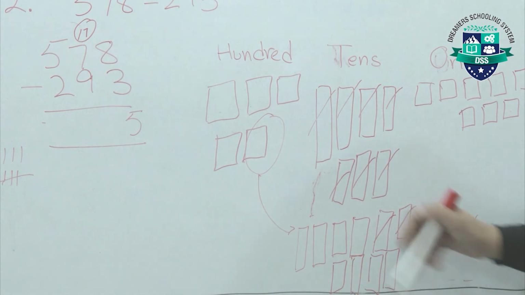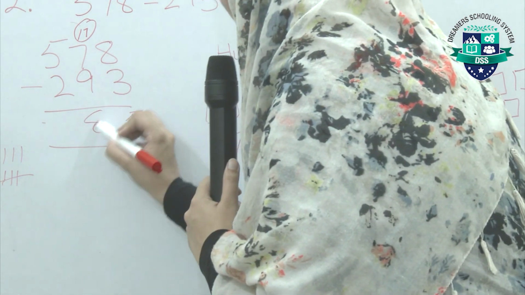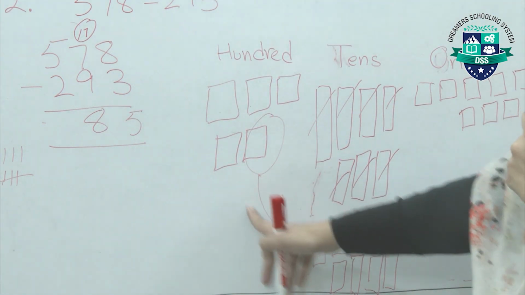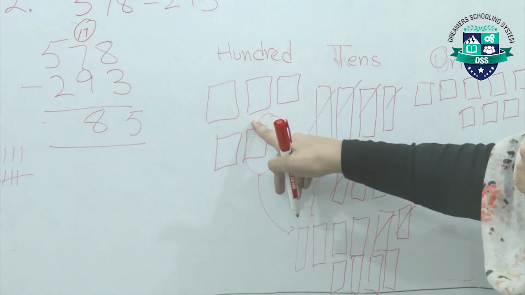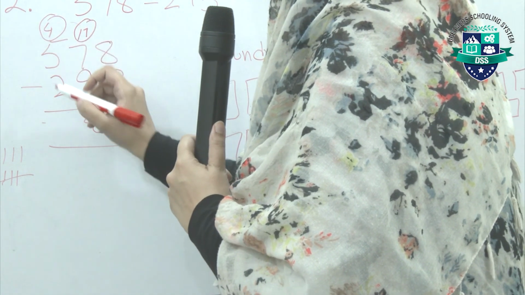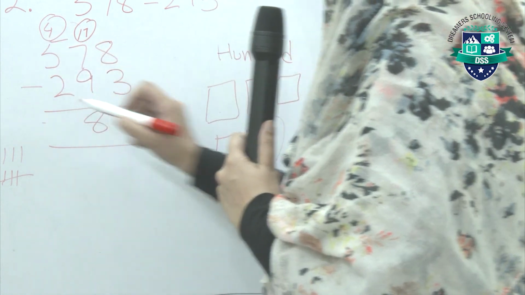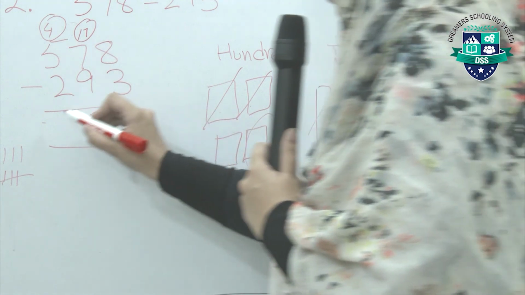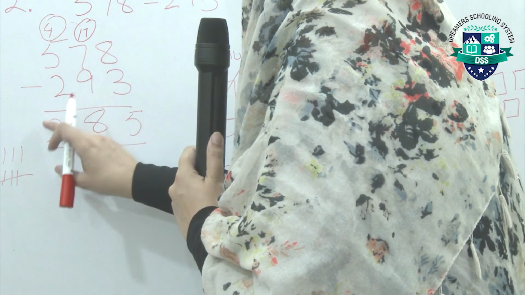We got 8 tens. Right? Now, as we have taken away 1 cube, how many cubes are there? 4. So there are 4 cubes. Now we will take out 2 cubes, and how many are left? 2. So our answer is 285.